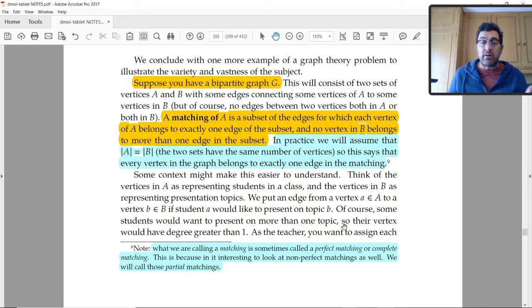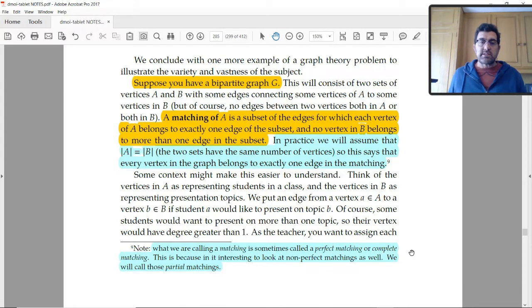In practice now, it says we will assume that the cardinality of set A is equal to the cardinality of set B. The two sets have the same number of vertices. So this says that every vertex in the graph belongs to one edge in the matching.